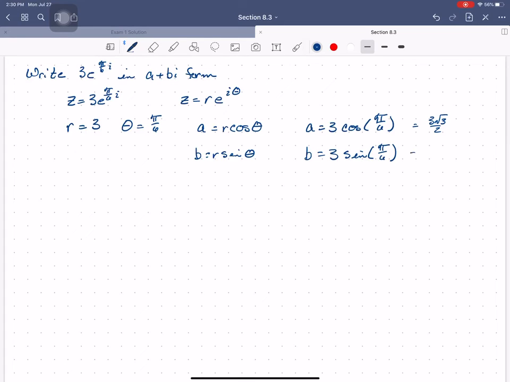Sine of pi over 6 is 1/2, so that's 3/2. So that means that my complex number, 3e to the pi over 6 i, can be rewritten as 3 square root 3 over 2 plus 3/2 i. Okay?